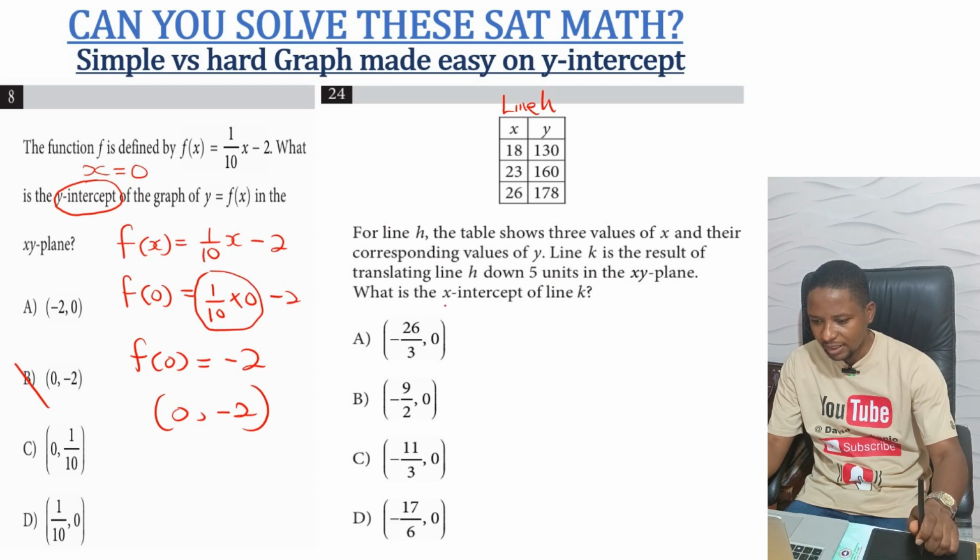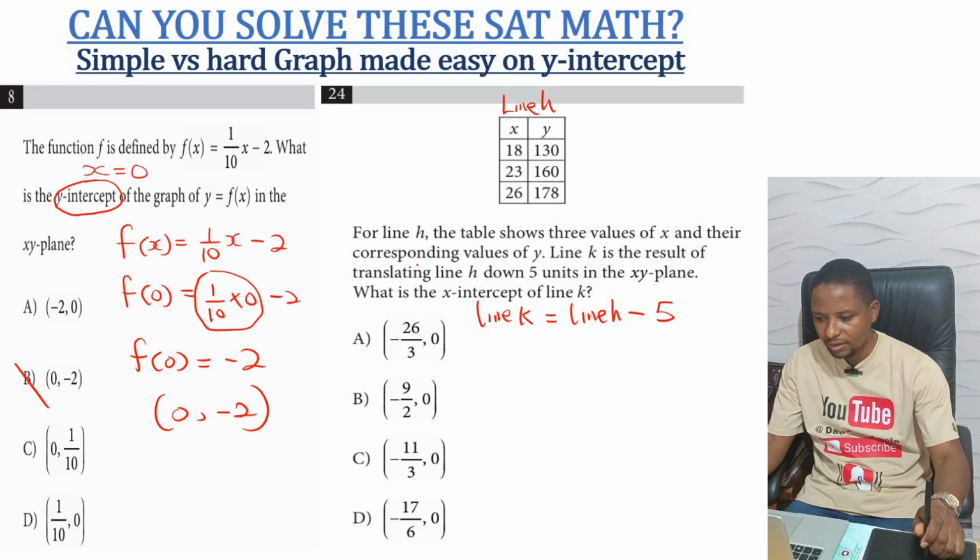So if I want to get line K, all I do is find the equation for line H, then I move it down 5 units, meaning minus 5. That's all. So the focus is to find line H.